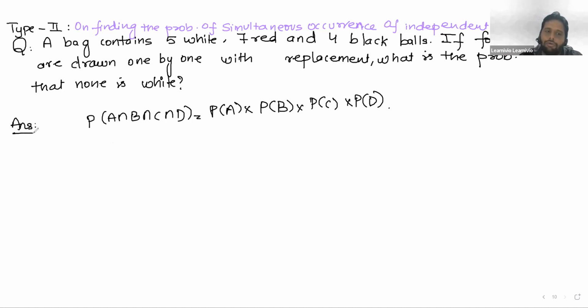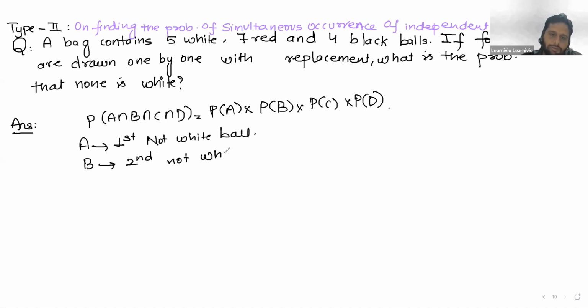Now, they are saying that none is white. Let A be the event of first not white ball, B second not white, C third not white.